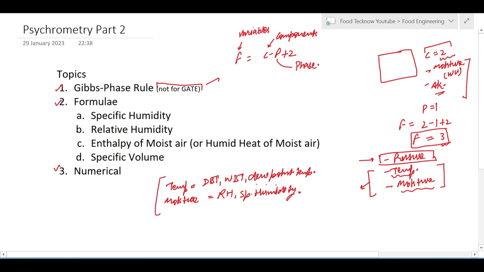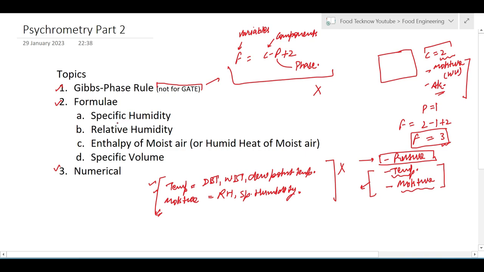Okay, so if we have any of these 2 variables, then we can solve any numerical. So you do not need to remember this formula at all. Rather, you have to just understand that if we know any 2 things, then you can solve the numerical. Okay, so now we will start with the first concept, that is the specific humidity.